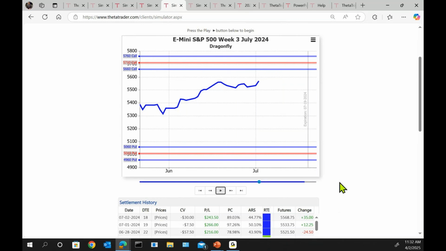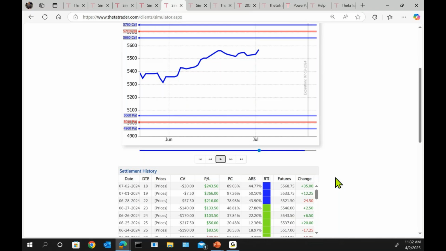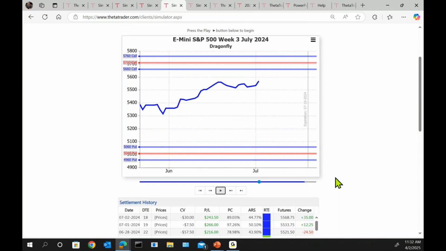So the dragonfly can just have completely different character traits if a market is pressuring the position. So it'll allow you to get out of a trade earlier sometimes, or it won't generate a loss when a condor might. So if that makes sense, hopefully, if you have any questions, let me know. But that's kind of the gist between the dragonfly and the condor.